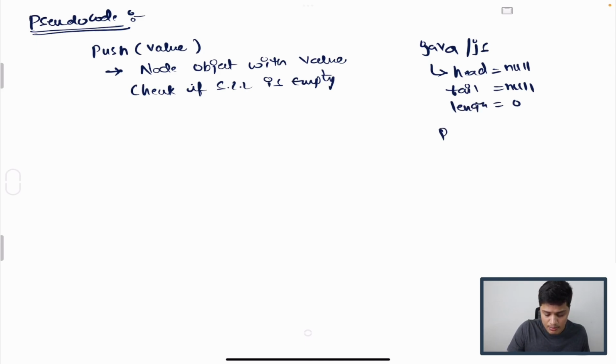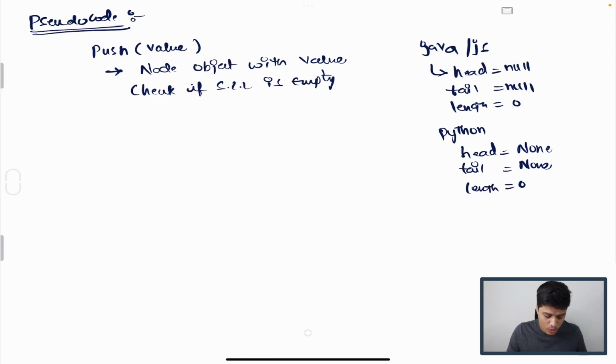If you are following the Python based implementation, inside the head, the null equivalent is None, right? So we have defined head with None. Similarly, we have defined tail also with None, and length we are maintaining as 0. Now if the singly linked list is empty, in the case of Java and JavaScript implementations, head and tail will be pointing to null and the length of the singly linked list will be 0. So based on that, we will be able to decide if the singly linked list is empty or not.